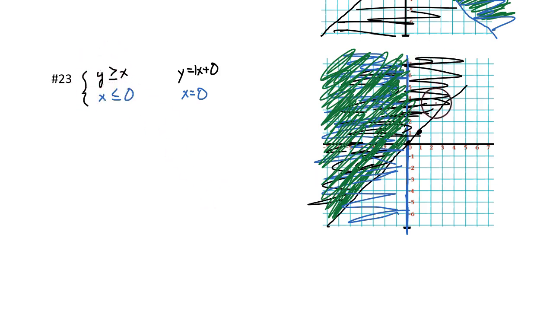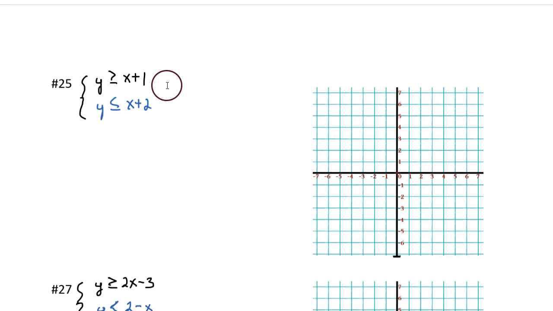Any of the dots up in this area that was shaded in black only are solutions only to the first one. Any of the dots down in this area where there's only blue shading are solutions to only the second one. But anything where the shading overlapped are solutions to both of them.